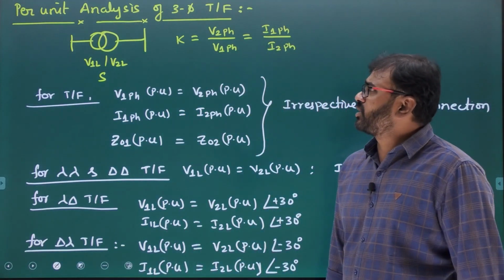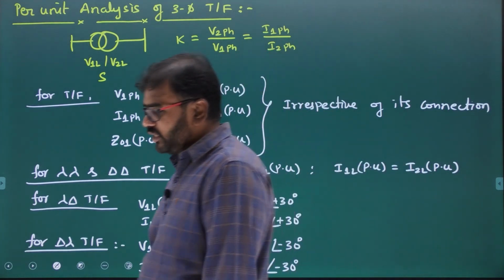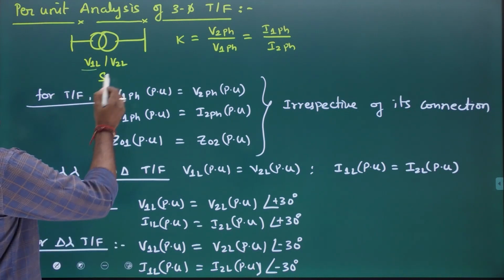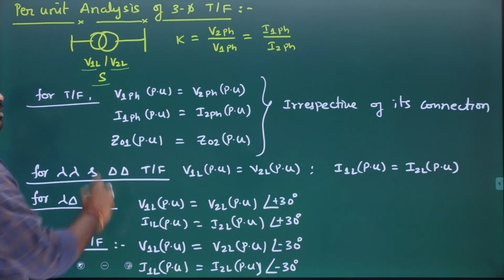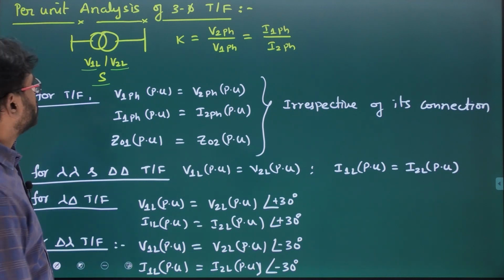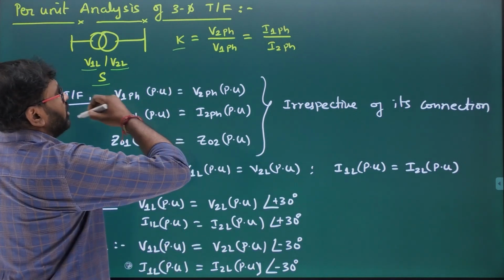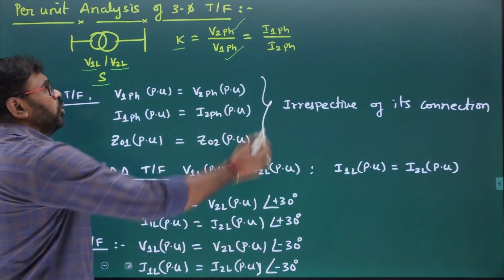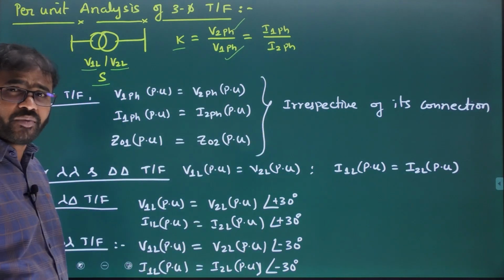See, per unit analysis of a 3-phase transformer means, the first important thing is, if it is a 3-phase transformer, definitely what is given? The primary line voltage, secondary line voltage, and the MVA rating. So the transformation ratio is nothing but the phase voltage in the secondary by the phase voltage in the primary.